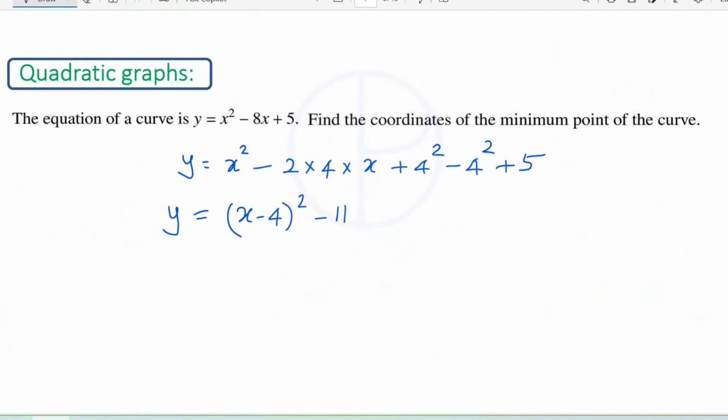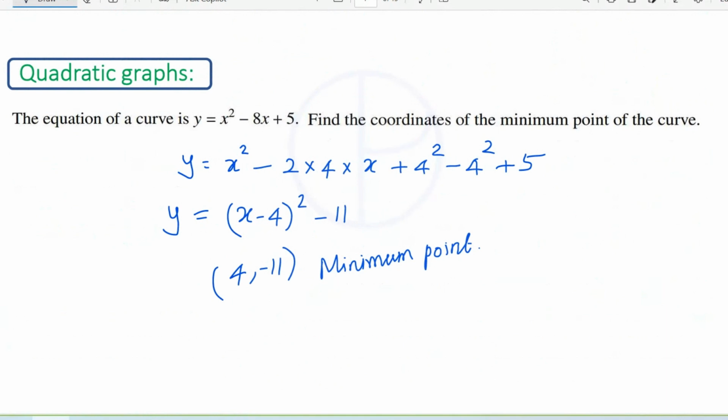So the minimum point is 4 comma negative 11. Here it's not mentioned to find the coordinates of the minimum point using the quadratic or completing the square method.